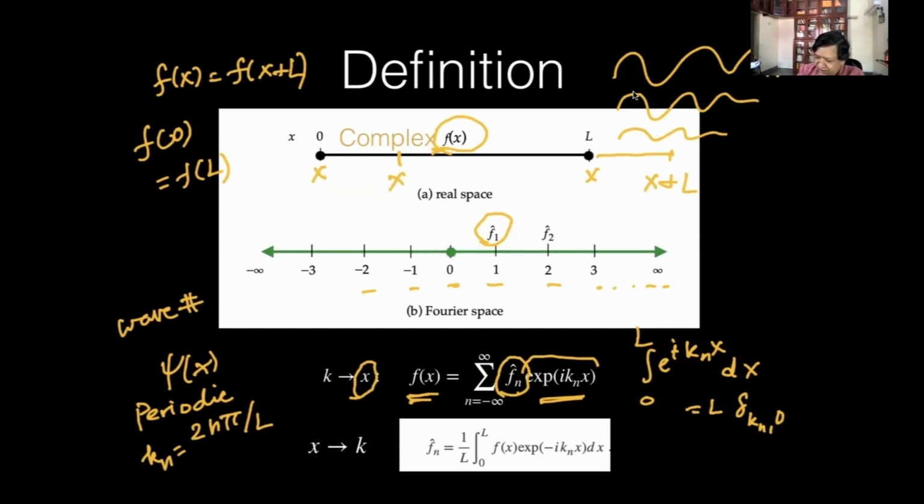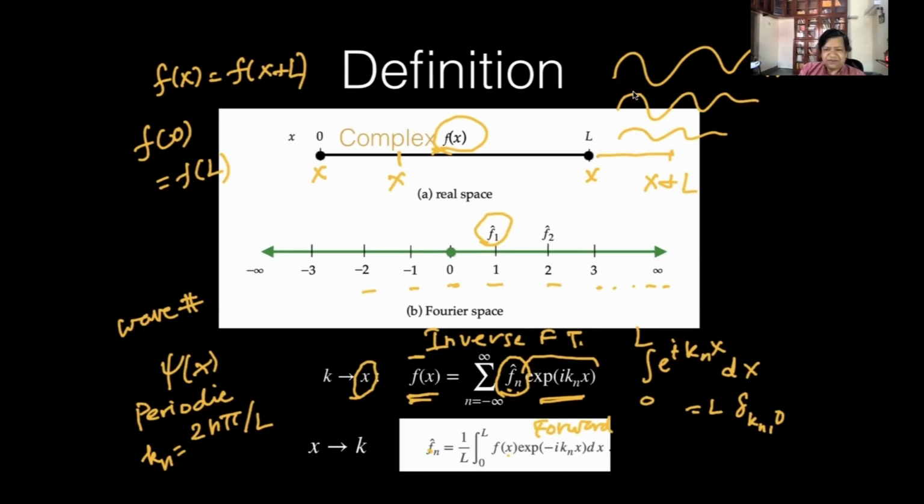Given f hat n, I get f of x. This is called the inverse Fourier transform. And given f of x, I compute f hat n, which is called the forward transform. So from real space to Fourier space is forward, and from Fourier space to real space is inverse.